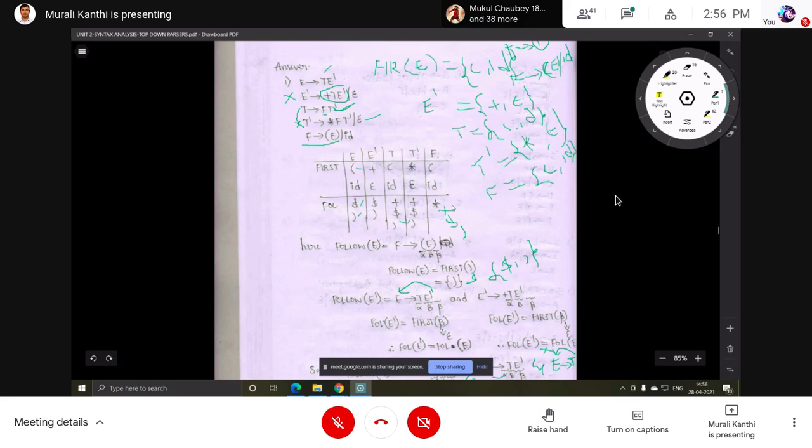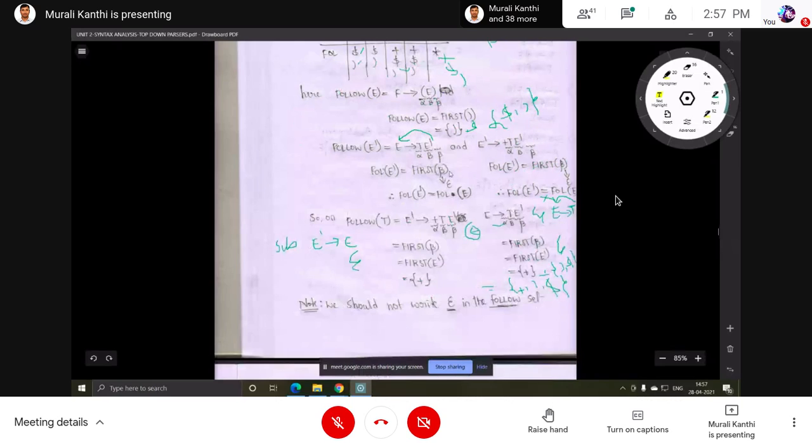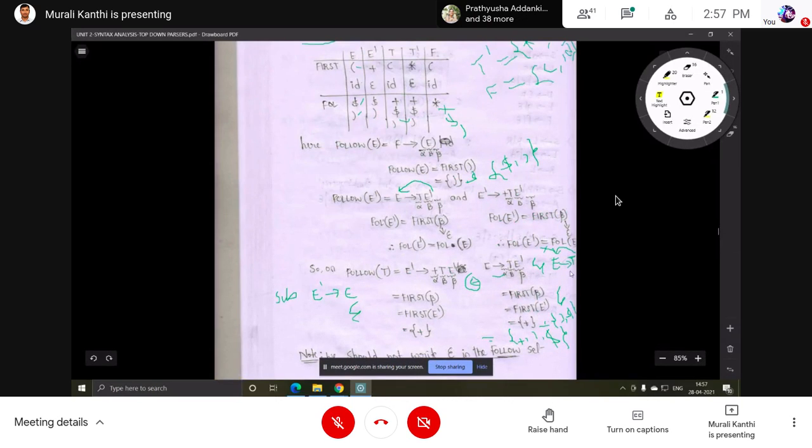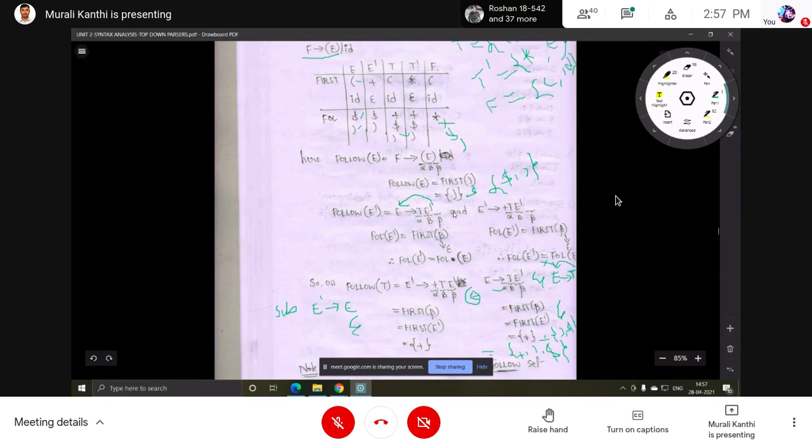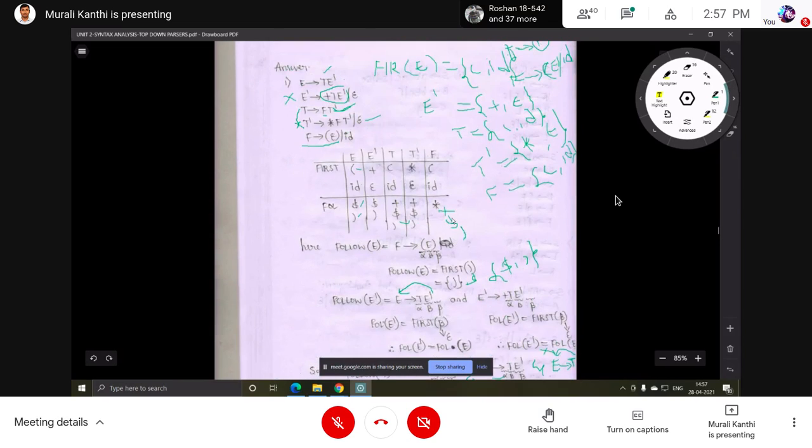These are the symbols in the follows of F. Okay. One thing is missed here in this step, epsilon is also taken for the substitution purpose. After substituting, we will get 3. Okay. So for F, plus star closing parenthesis dollar. These are the symbols in the follows of F.